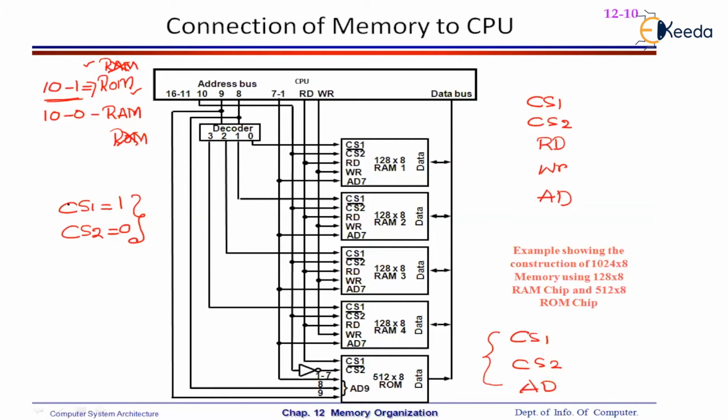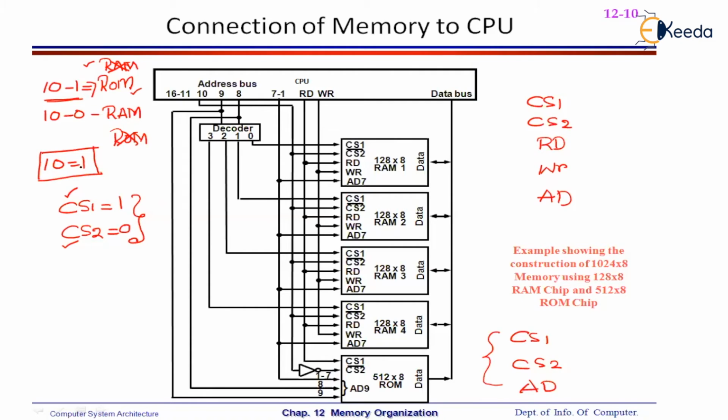The first rule is CS1 must be equal to 1. The second rule is CS2 must be equal to 0, which means that that particular module will get enabled. So we will exactly implement this. Now let us say the 10th digit is equal to 1.